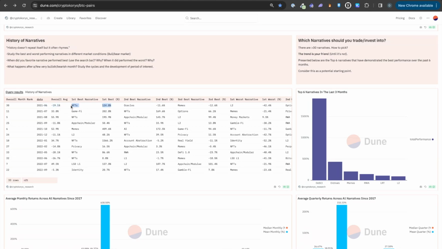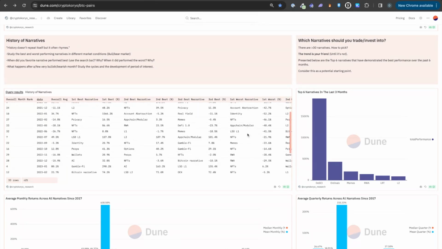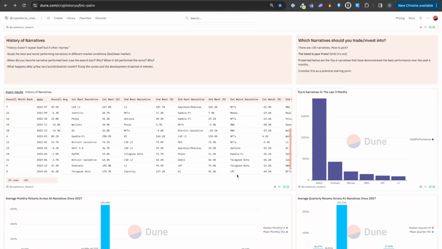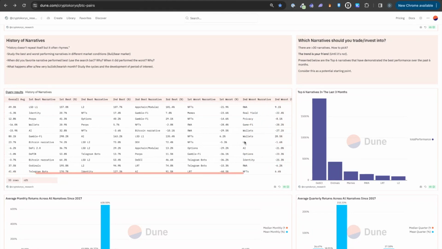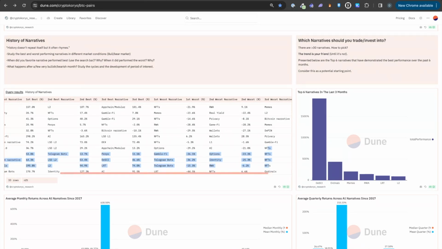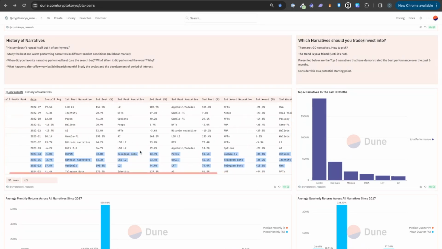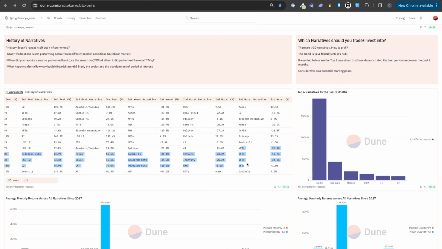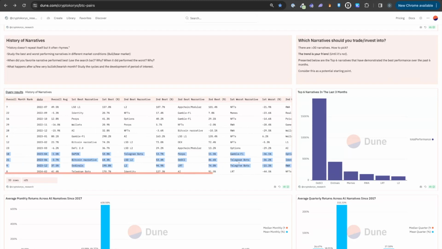Interesting observations here, and as well in July, etc. And then in 22, they had a really bad year. So you can see many times they were appearing here among the worst performers, consecutively. NFTs were the worst performing narrative of the month for many months in 2023.